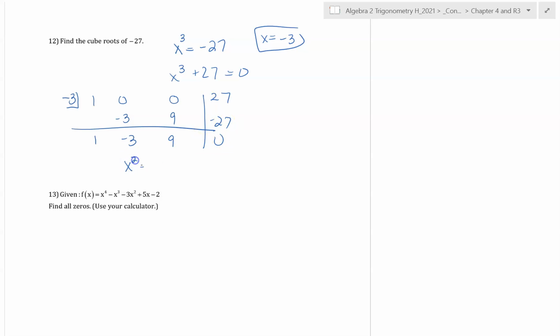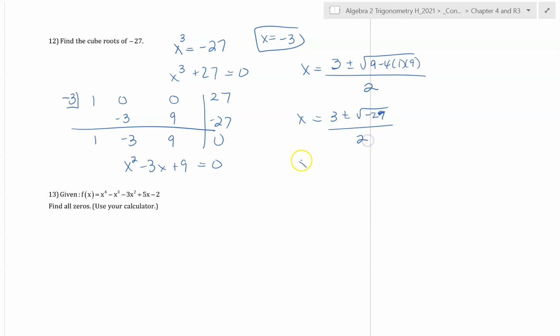So we're left with a quadratic, which we are really good at solving. Now this one I'm not able to factor, so you could use the quadratic formula. So we end up with 3 plus or minus the square root of negative 27, all over 2.